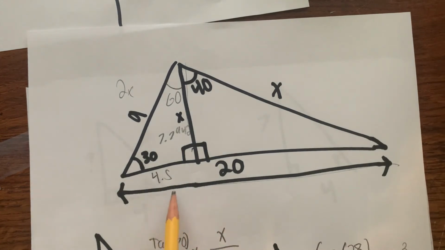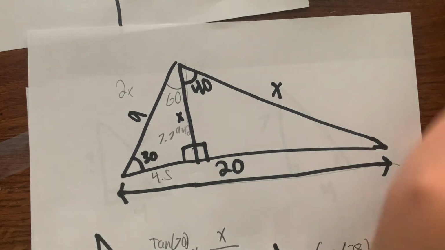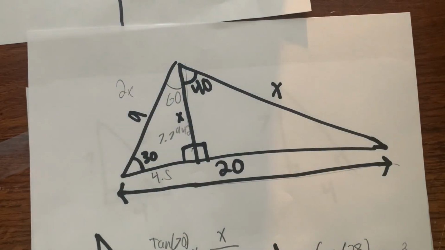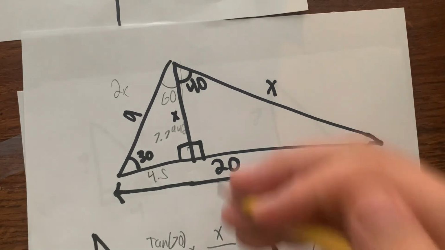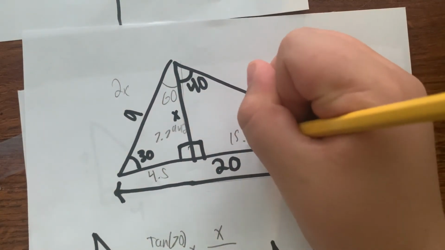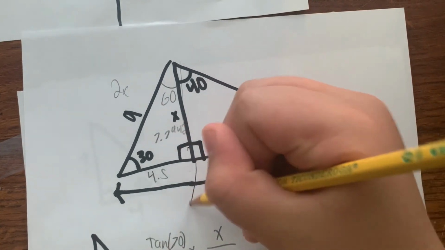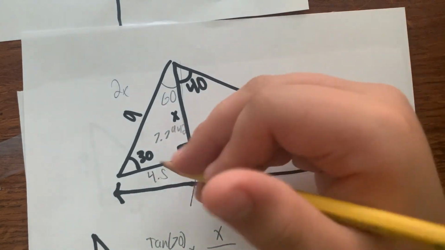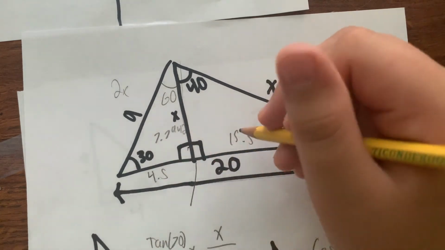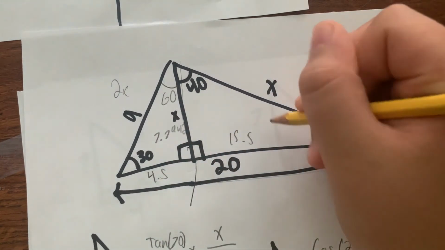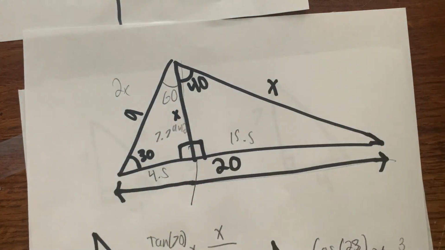Since you know this, you can subtract that from 20, and that'll give you 15.5. Because you're taking off this part of the 20, you can just subtract it from the 20. So now you know the length of this, and you have an angle, and you have an x.